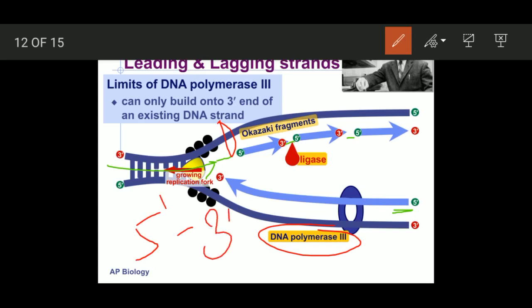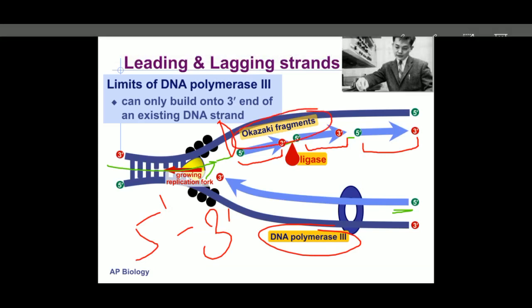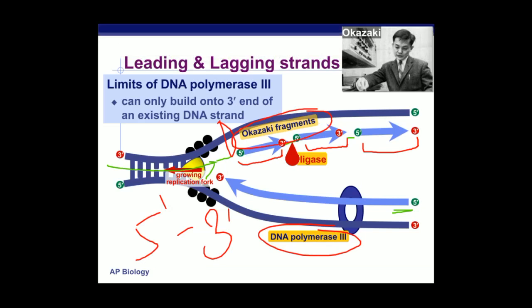But the new strands formed are very small. Suppose this is the strand, this is the strand, partly formed, right? Short small strands are formed, and these small strands are called the Okazaki fragments. Very important guys, clear?